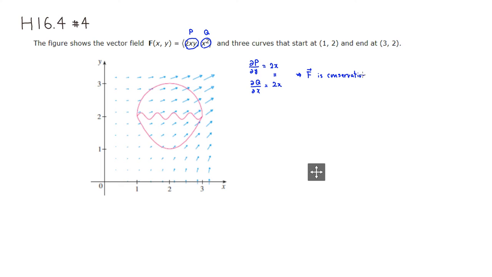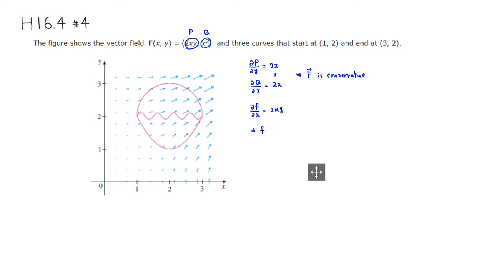Since it's conservative, we should be able to find the associated potential function. So let's find that. The partial derivative of the potential function, little f, with respect to x has to match P, which is 2xy. So we can take the antiderivative to find f.